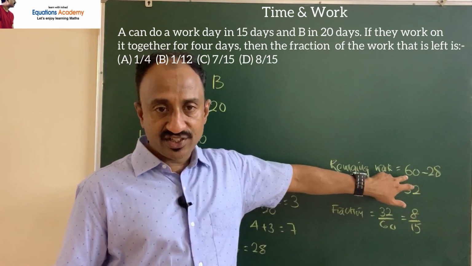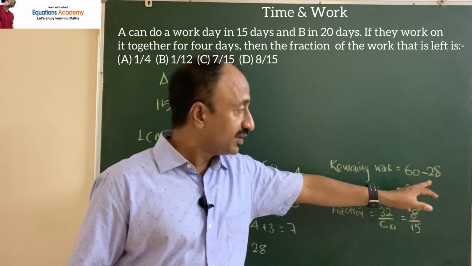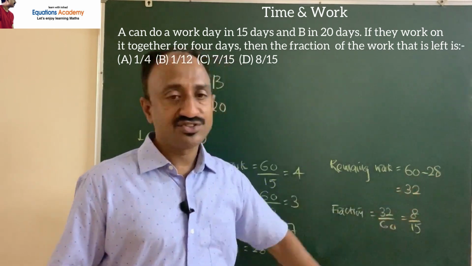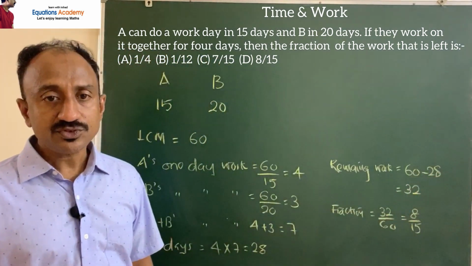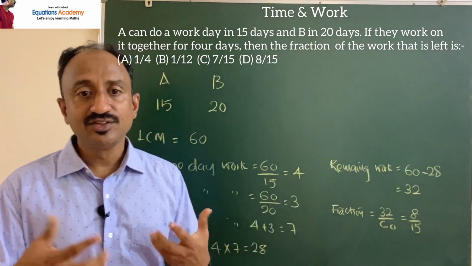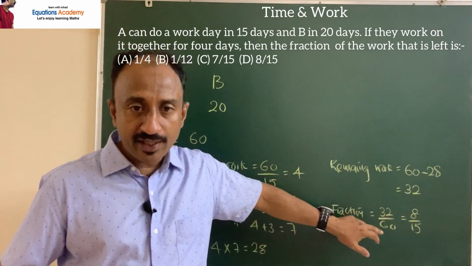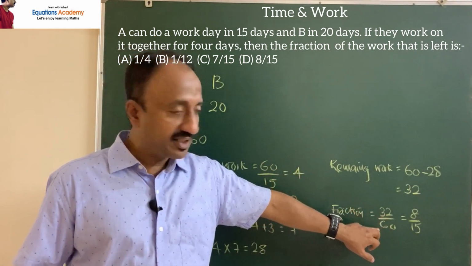Total work is 60 minus the work finished, 28. So 60 minus 28 is equal to 32. So 32 units of work are left, and we need to find the fraction. So fraction is 32 divided by total units, 32 divided by 60.